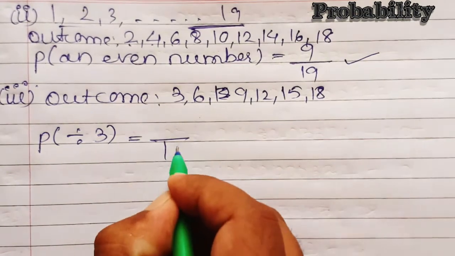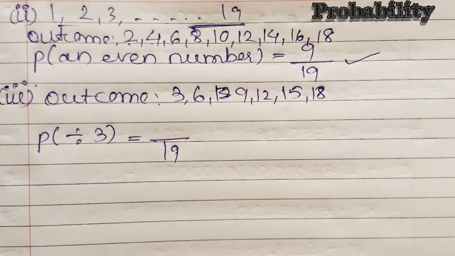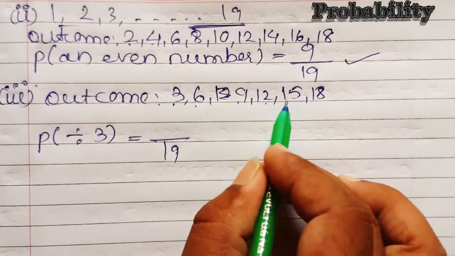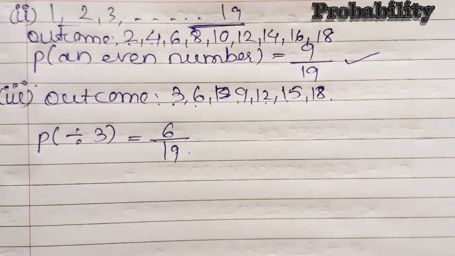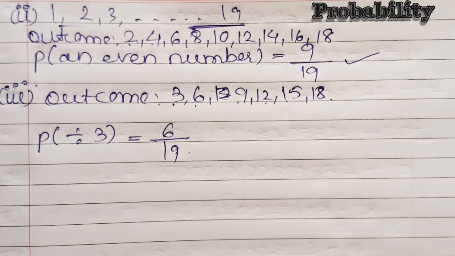So now total number will be 19. Now 1 2 3 4 5 6. So 6 upon 19 will be the final answer. Okay, so in this way we are supposed to find the probability of question number 10.